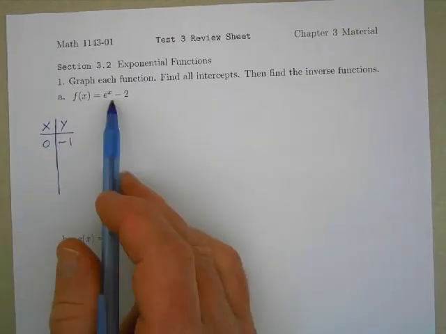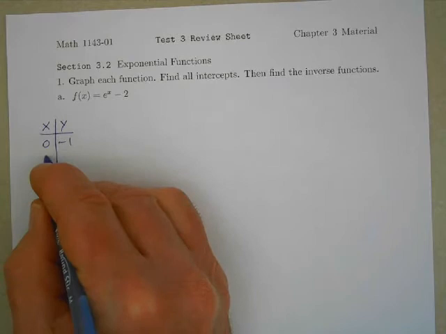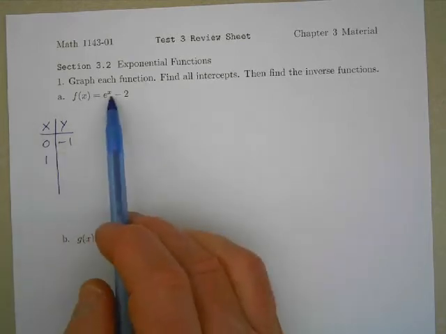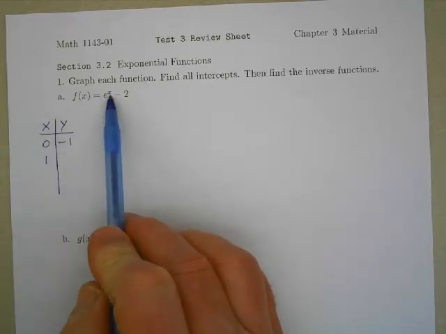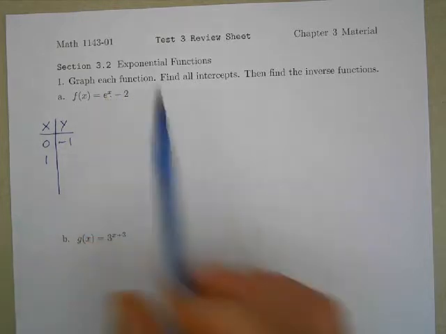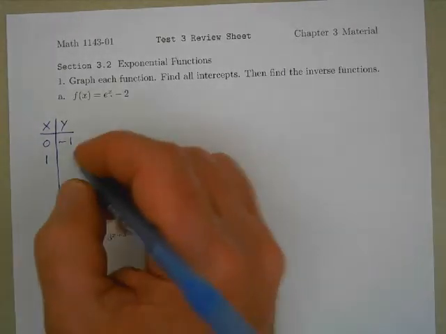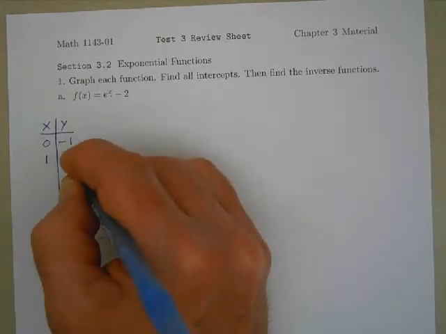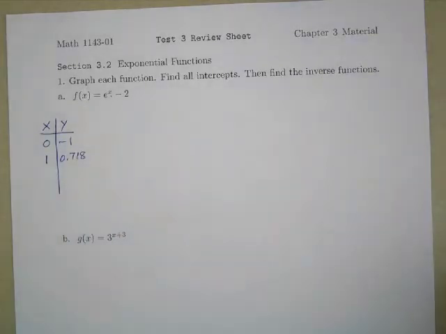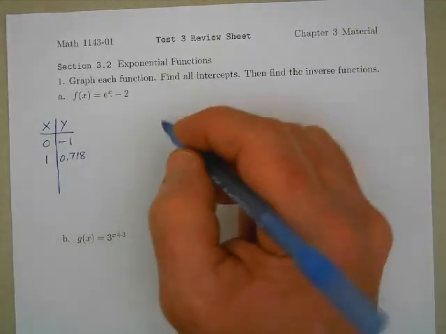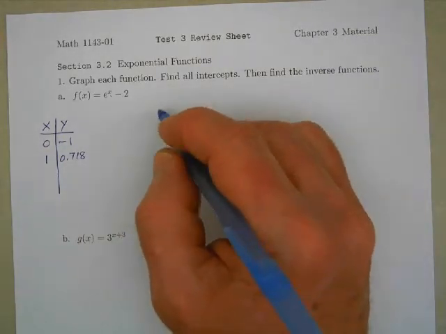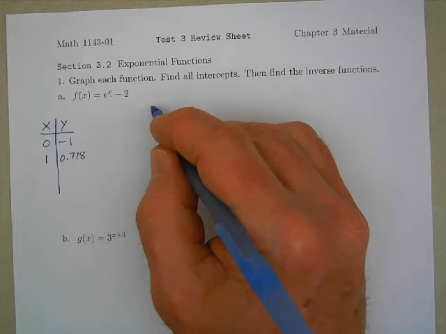And then if we pick x to be 1, e to the first is 2.718 approximately, so 2.718 minus 2 is about 0.718. So we'll plot those points and then see what else.